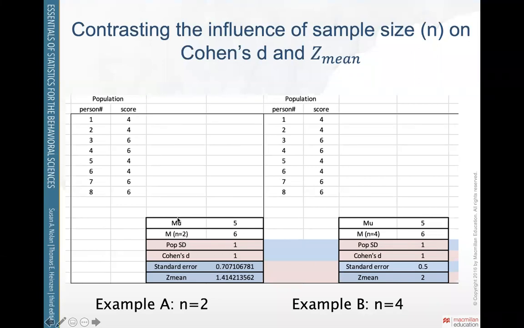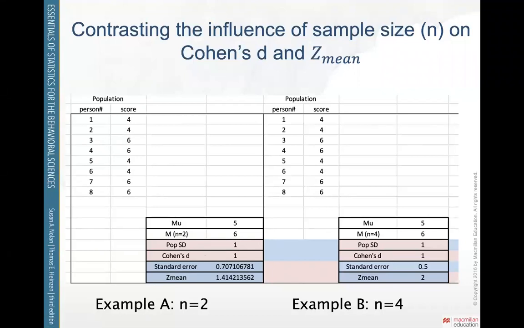The population standard deviation: if you take the standard deviation of these 8 numbers right here, it happens to come out very nicely, 1. This is the standard deviation of the population. And it says that we got a Cohen's d of 1. So I want us to work through Cohen's d and figure out why that is.